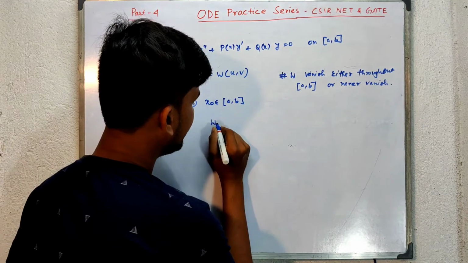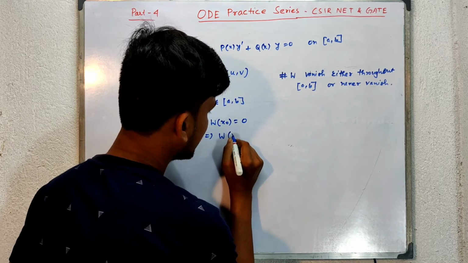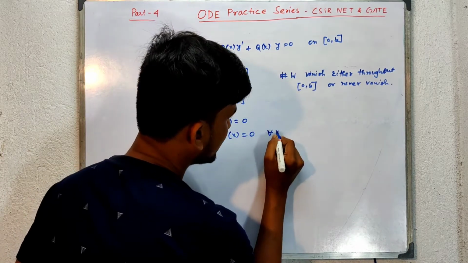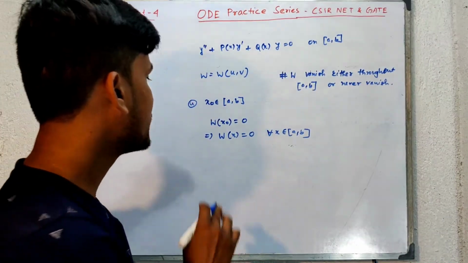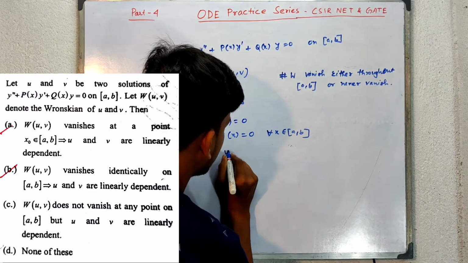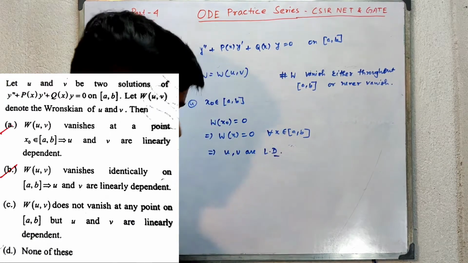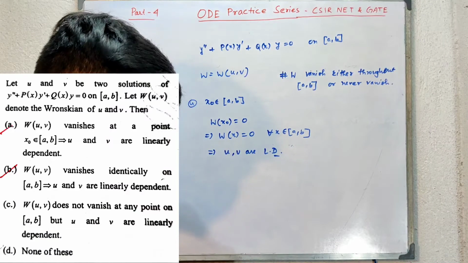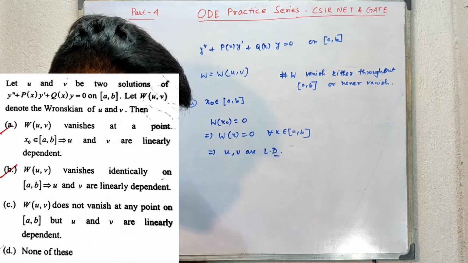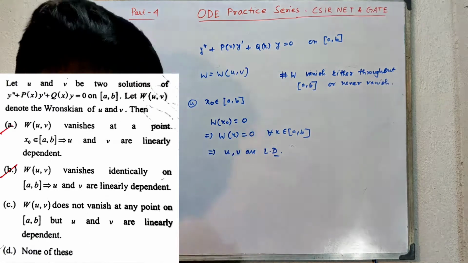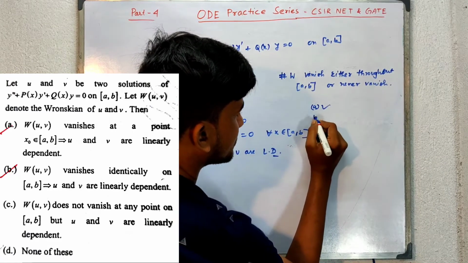That means if W(x0) is equal to 0, this implies W(x) is equal to 0 for all x belonging to the closed interval [a, b]. And Wronskian 0 implies the solutions u and v are linearly dependent. That means option A is clearly not true here. Option B says that W(u, v) vanishes identically on [a, b] implies u and v are linearly dependent. This is a true option. So option A is not correct here, and option B is correct here.